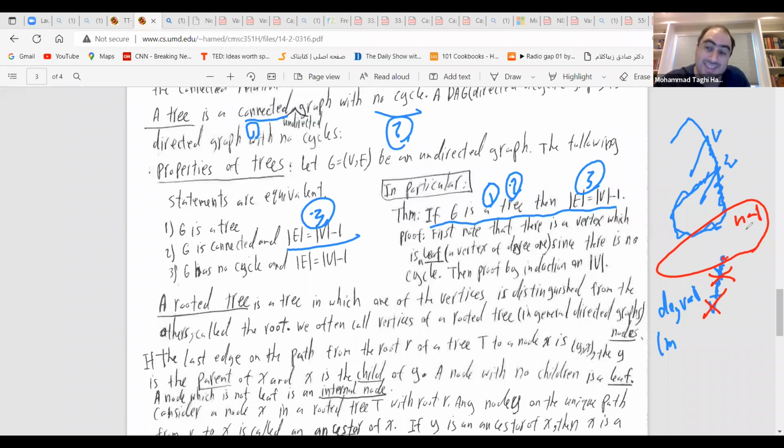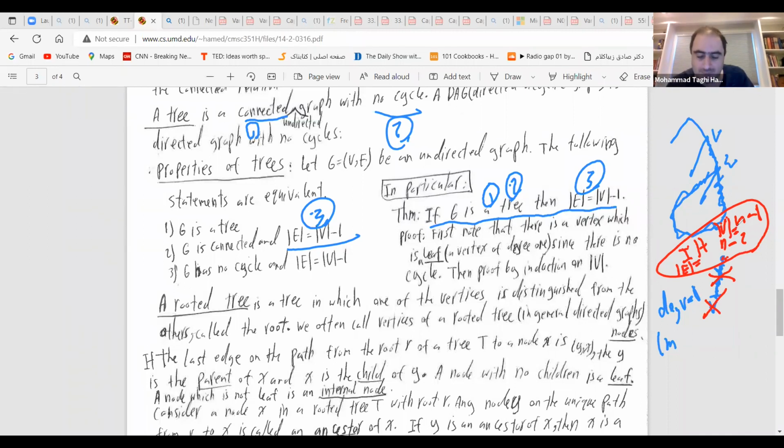So now I'm using the induction hypothesis. The induction hypothesis says that for this tree, the number of edges, the size of E, should be n-2, where the size of V is equal to n-1. And again, note how we go from n to n-1.